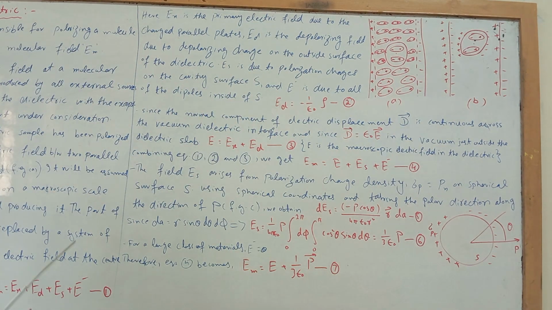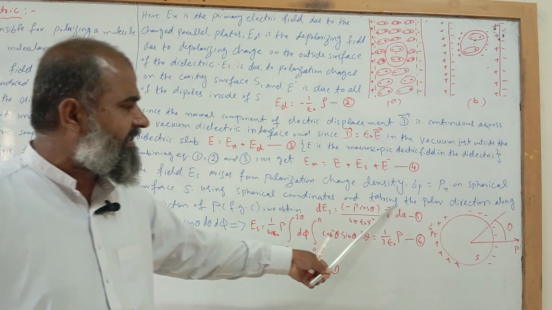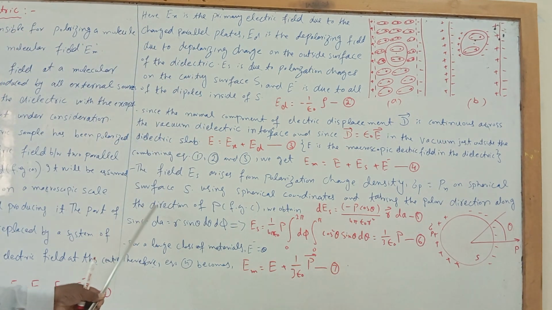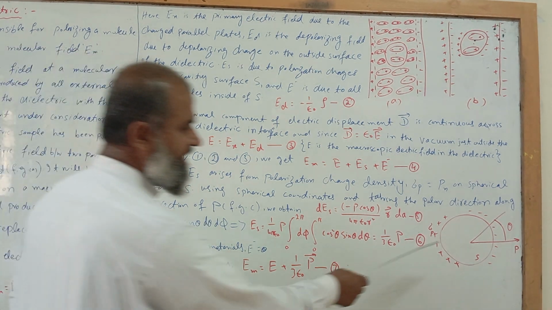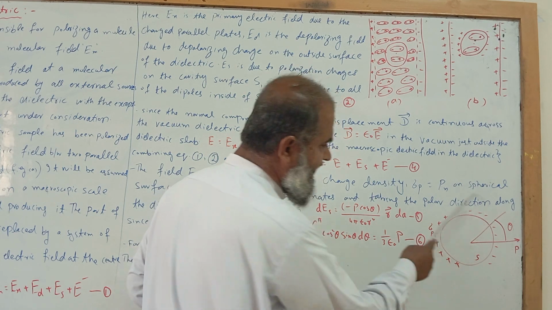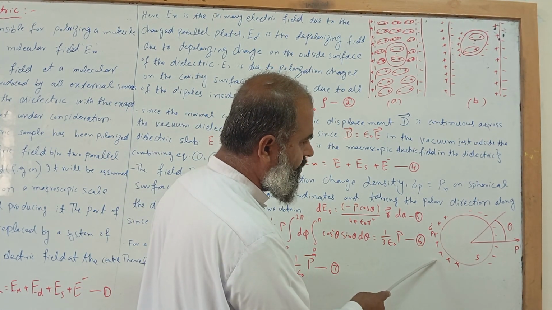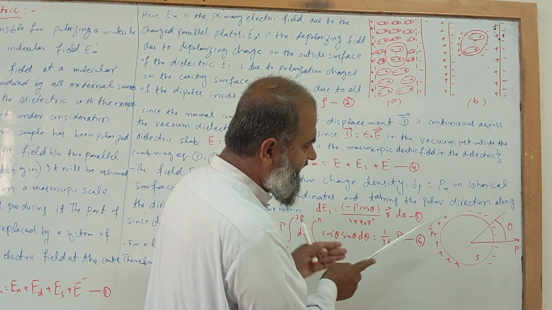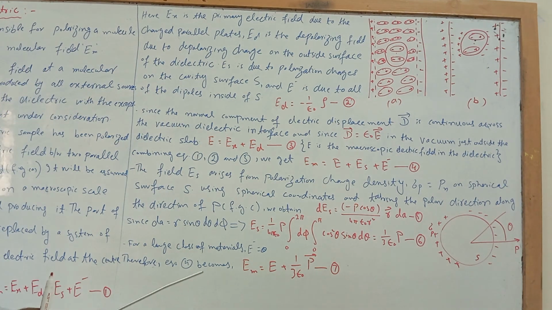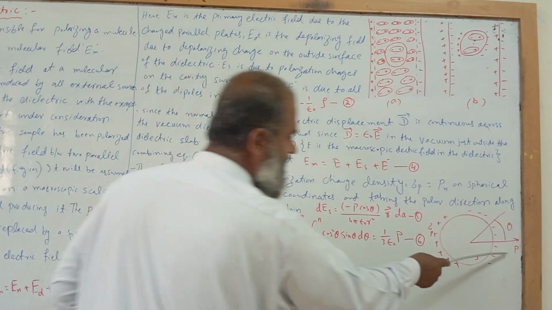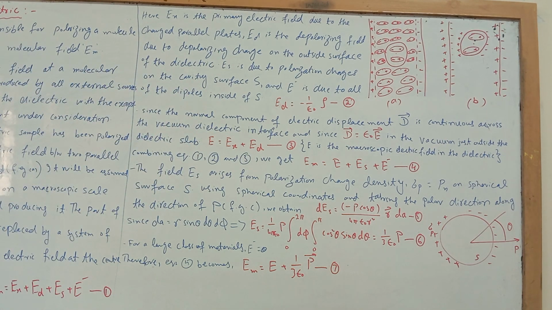Using the spherical coordinates and taking the polar direction along the direction of P as shown in figure C. This cavity has been considered as a sphere, and at the sphere the charges are stored in the opposite direction and the direction of the polarization has been considered to be the direction of P. This one. This is the angle theta.